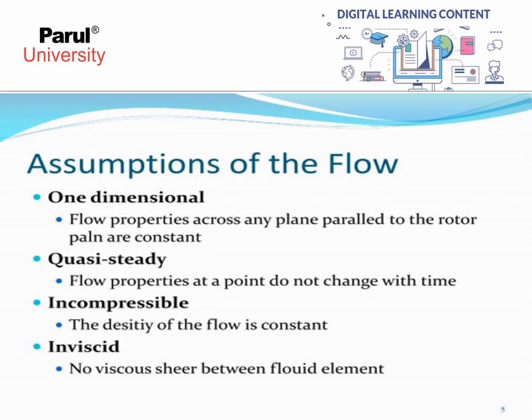Quasi-static is the second assumption: flow properties at a point do not change with time. Incompressible, third assumption: the density of the flow is constant. And the fourth assumption is inviscid flow: no viscous shear between fluid elements. These are the four assumptions of the flow in momentum theory analysis of helicopters.